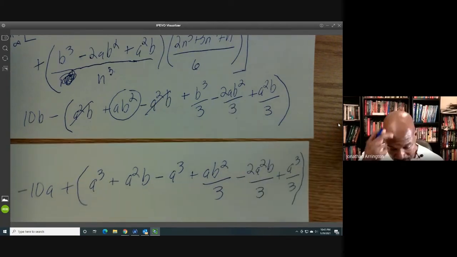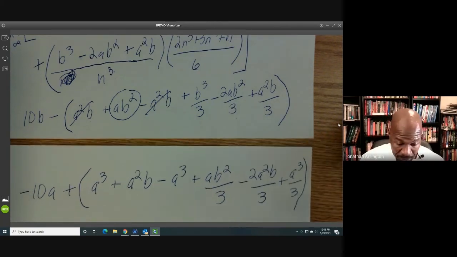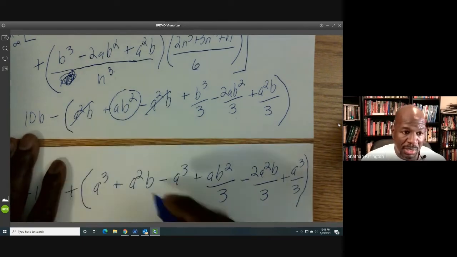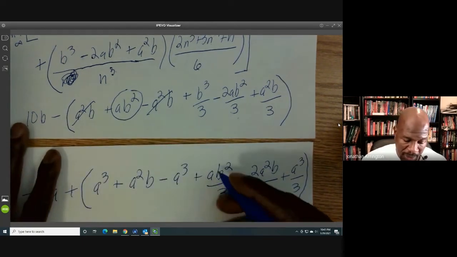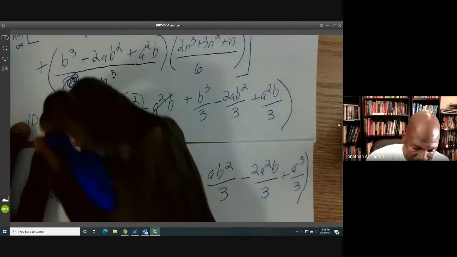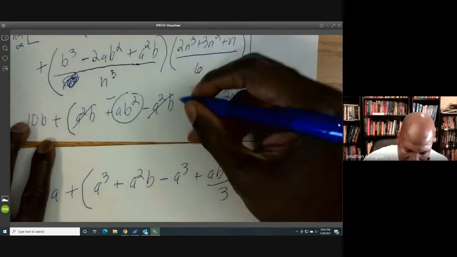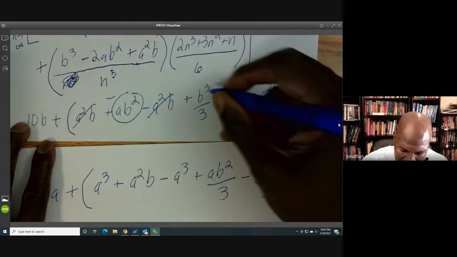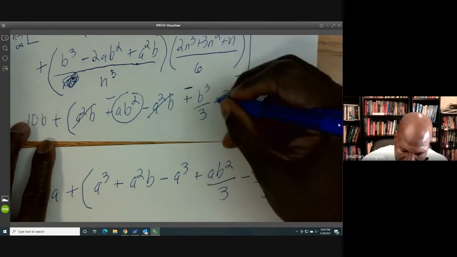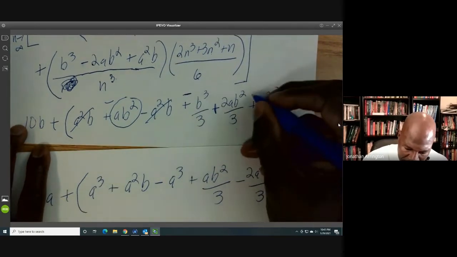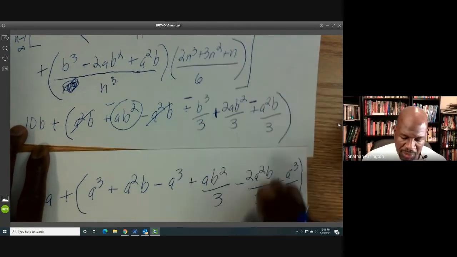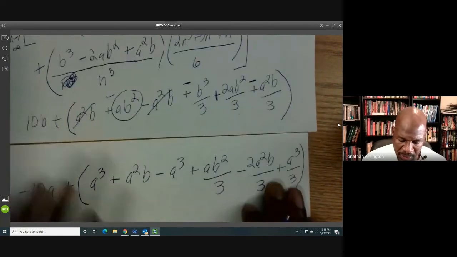And I guess so it's not confusing, let me just distribute this negative sign because that part might get a little confusing. So let me do this and do that. That's already gone. And do that and do that and do that. So just so the signs don't get confusing.